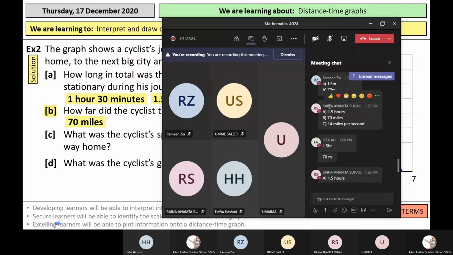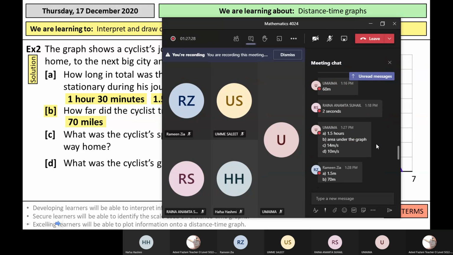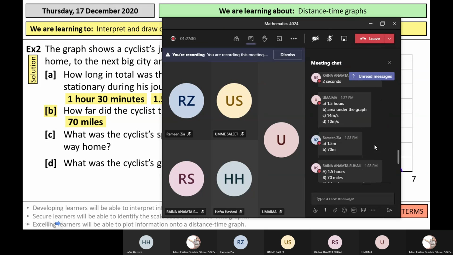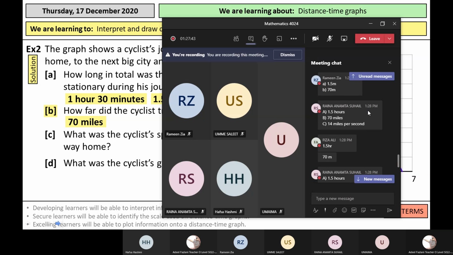So here I can see Ramin Zia, you have responded. Omema, you used the area under the graph, but this is not a speed time graph. Ramin Zia, you are saying 70 meters.